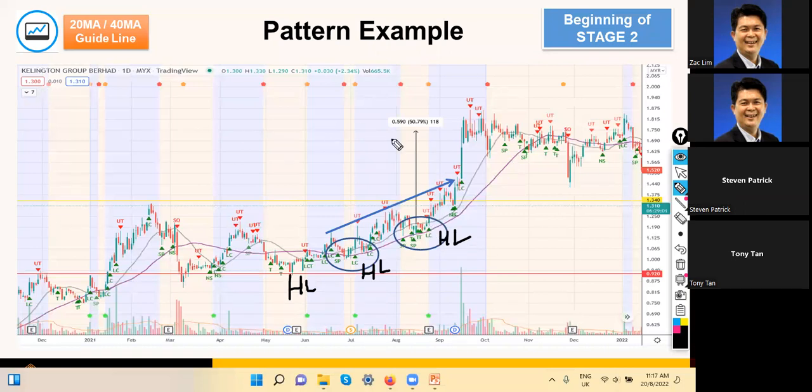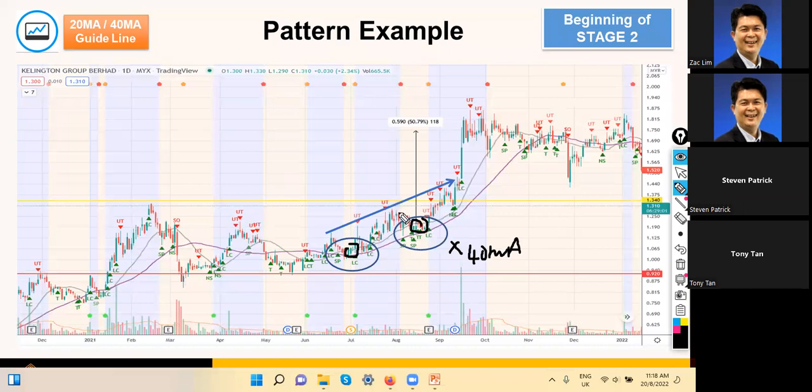Actually you can combine the entire thing, because this one comes back to the KGB. When you have a higher low and an overtake uptrust, you can see it hovers at this 20 moving average, but it did not cross 40.